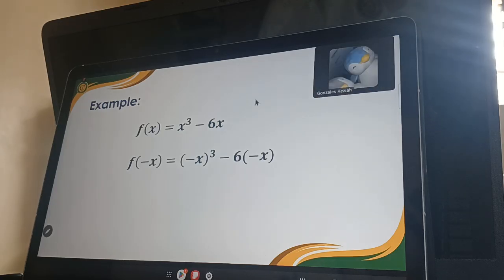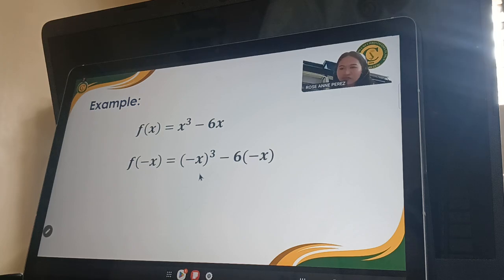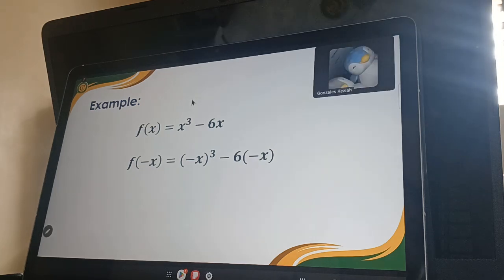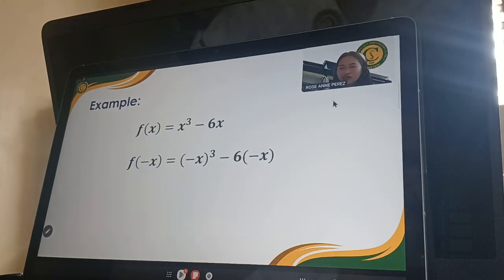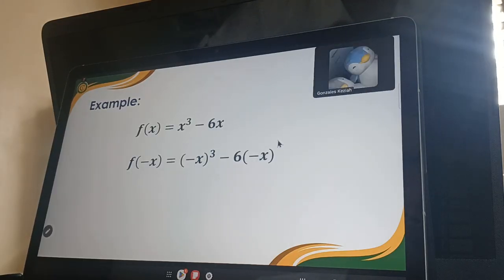We add the exponents. Okay, so what could be the answer? It's negative x cubed.